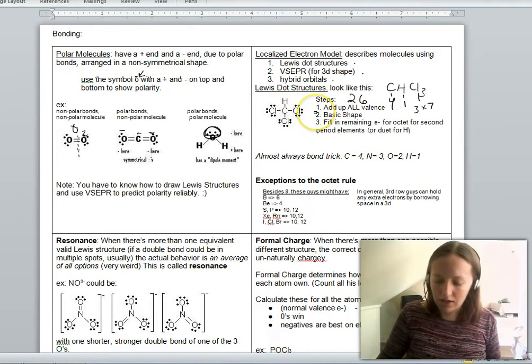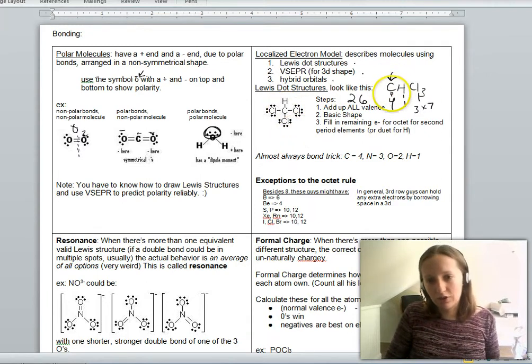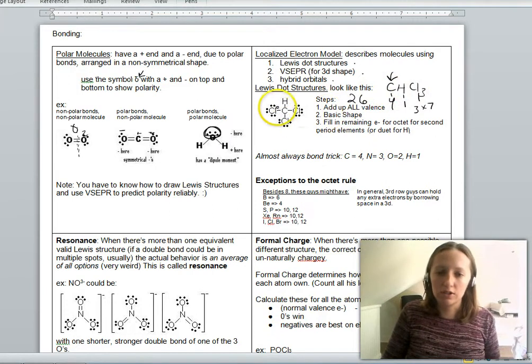The convention is that the center atom is the one that is written first. So the dude in the center, in this case, is carbon. Hey, carbon. And the guys after him are on the outside.